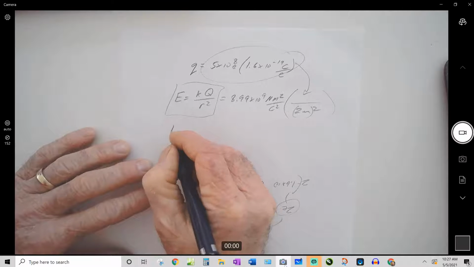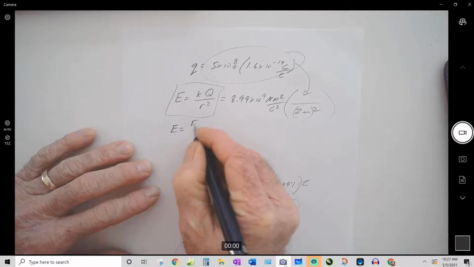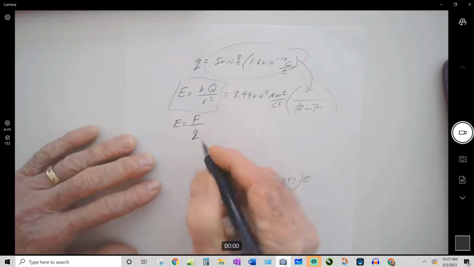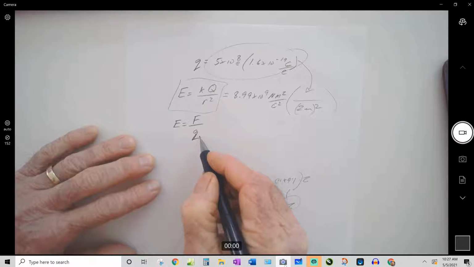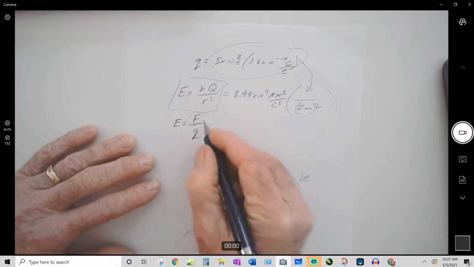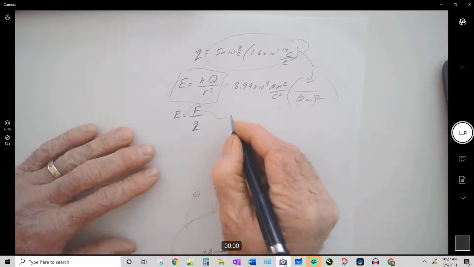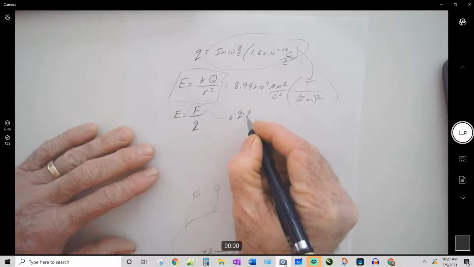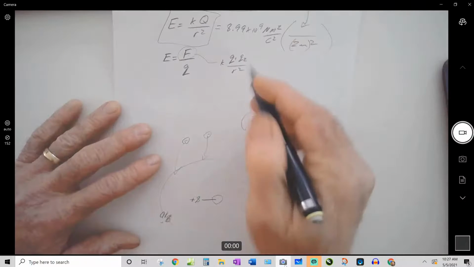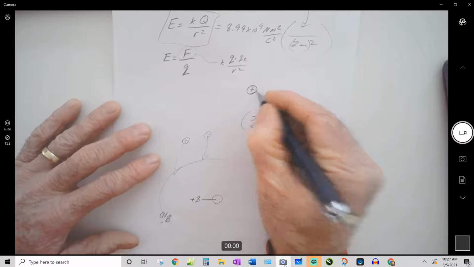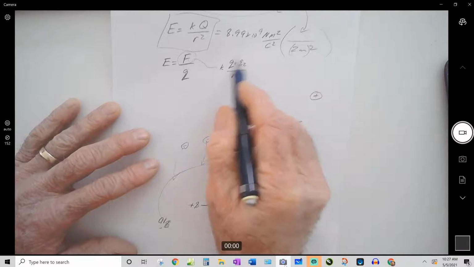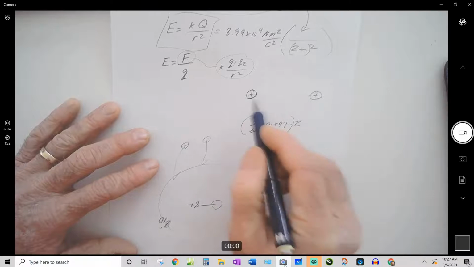The basic electric field equation is force per unit of charge, so force over charge, and the electrostatic force equation is K times the first charge times the second charge over R squared. And that would be a force that, let's just say I have a positive here and I've got another positive there. This equation gives me the force between the two of these.